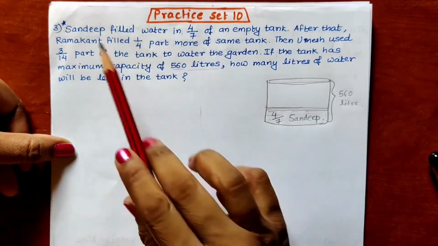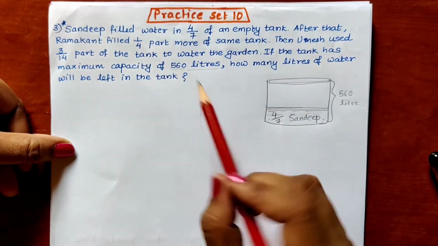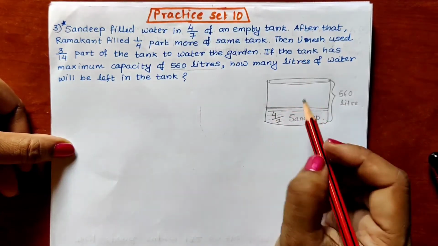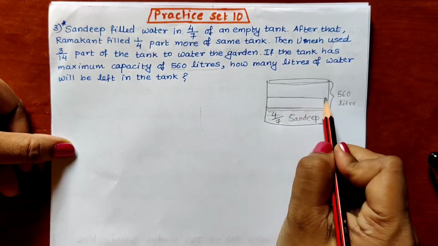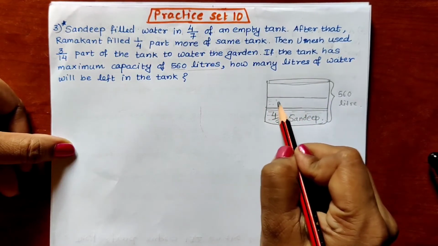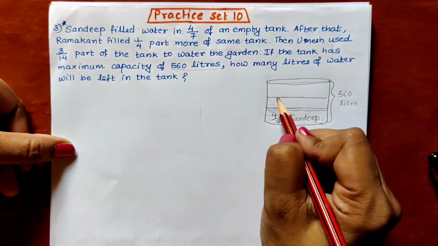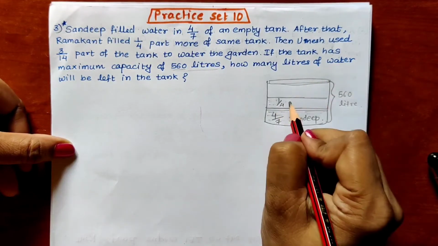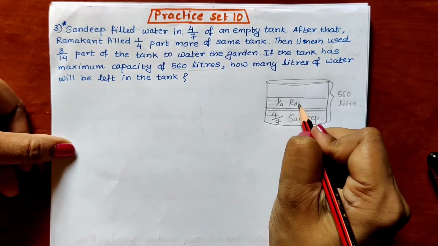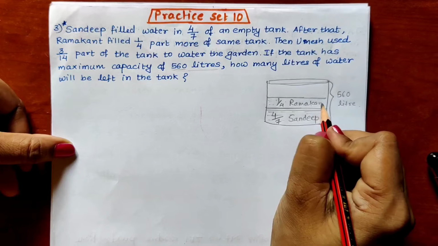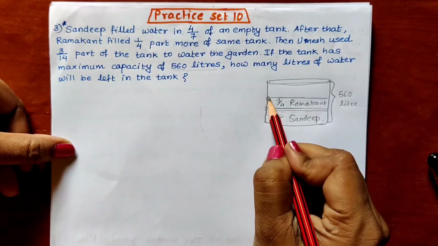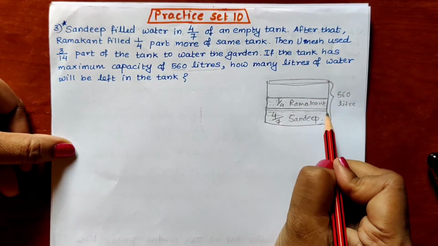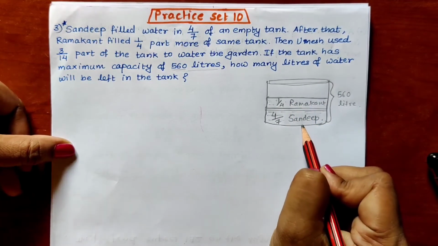Then after that, Ramakant filled 1 upon 4th part more of the same tank. 1 upon 4 part more water he filled. So 1 upon 4 plus 4 upon 7, this much total part is filled by Ramakant and Sandeep.